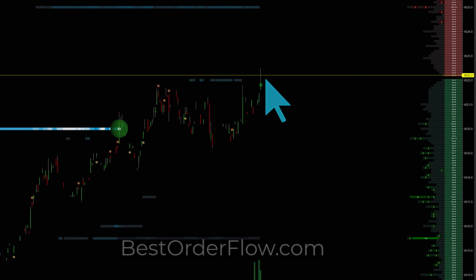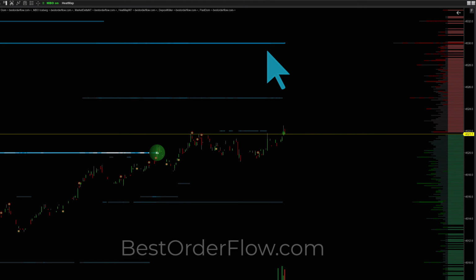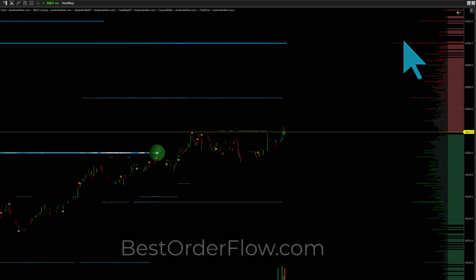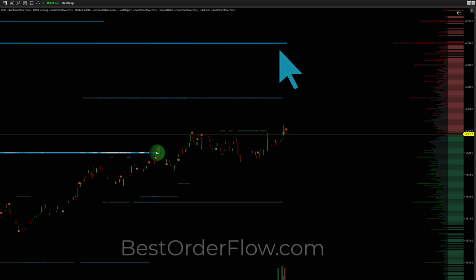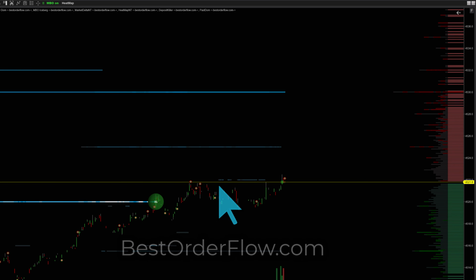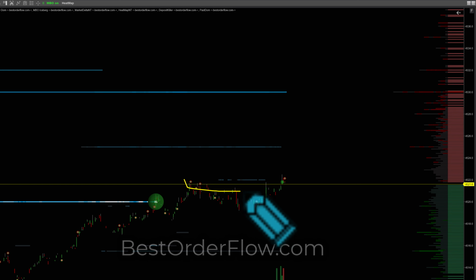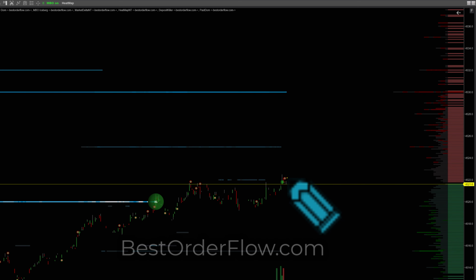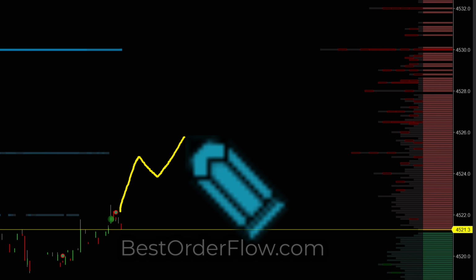Right now, I don't see any significant heat map liquidity unless it is sitting right here. And what does it tell me? That most likely the price, after going through this ceiling of resistance, doesn't have too much on the way up.